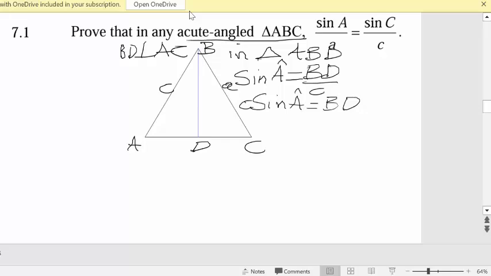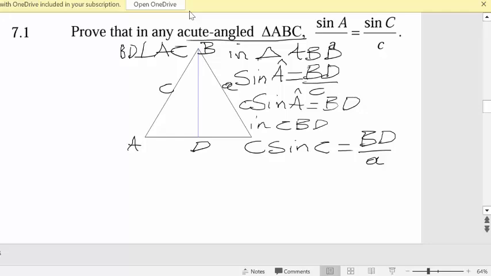Now in the other triangle, triangle CBD, I have sine C, which will be equal to BD over side a.